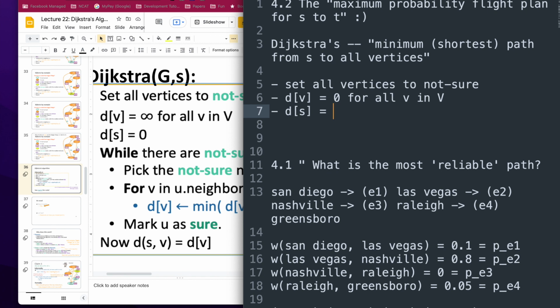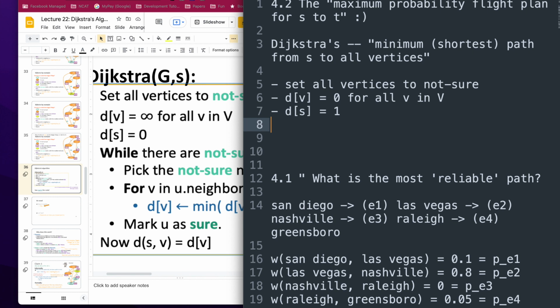But in this case, we're talking about maximum probability flight plans, so the flight to the city itself actually succeeds with probability 1. So we would set ds to 1 in this case. Does that make sense? Great. That's fantastic. And now we continue.